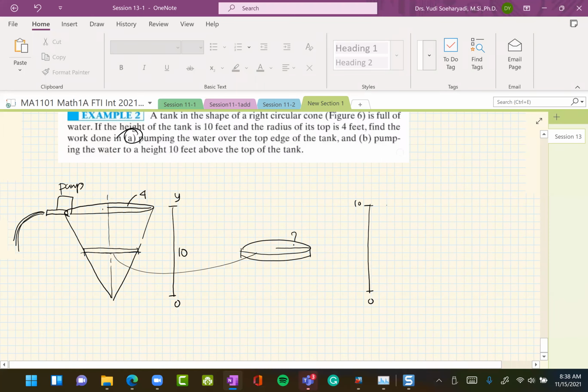Okay. So here we have something at position y, for example.